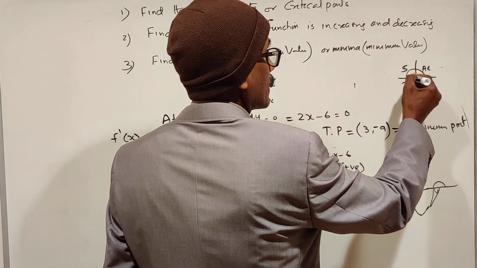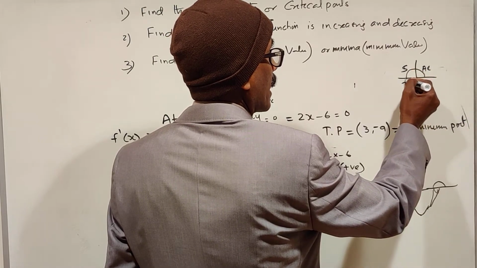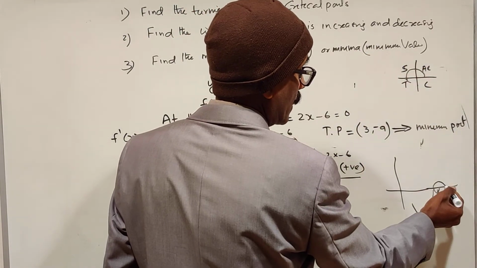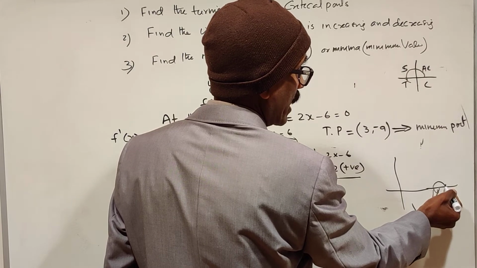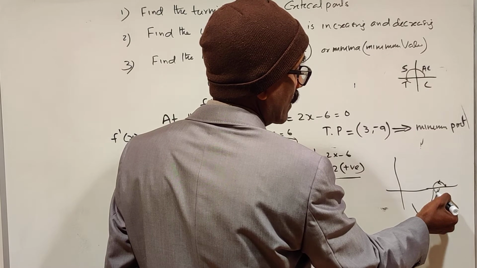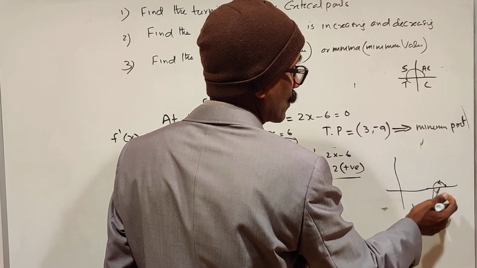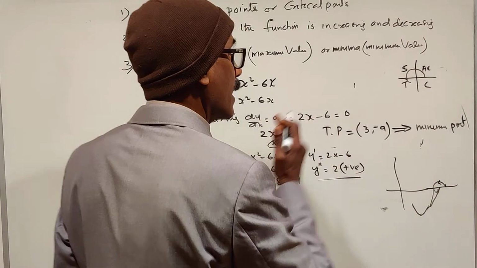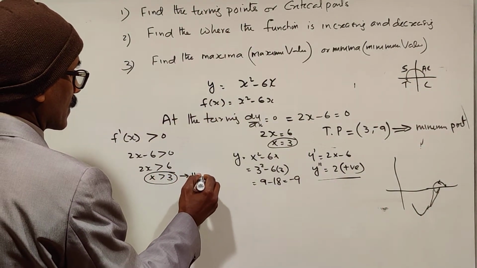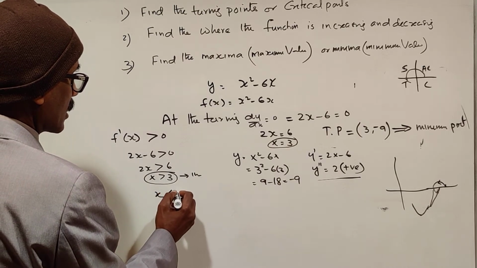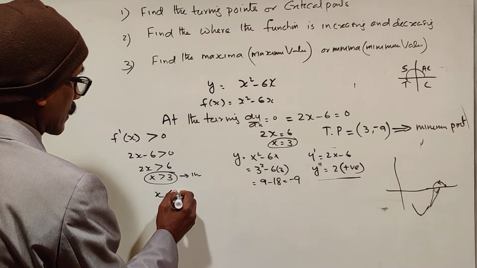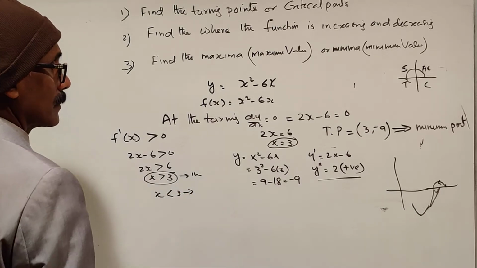Tan, see here, greater than 90 and less than 270, tan is positive. Here, see, the angle always starts from the x-axis. See, this is the angle. So that angle is positive, so this portion is increasing. That is, for x greater than 3, the function is increasing. Then x less than 3, the function is decreasing.